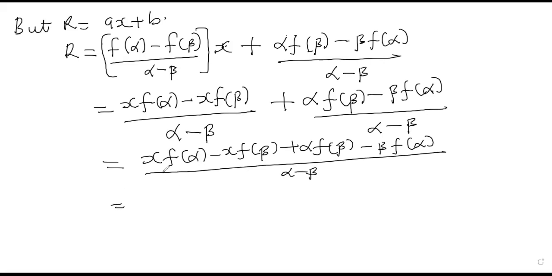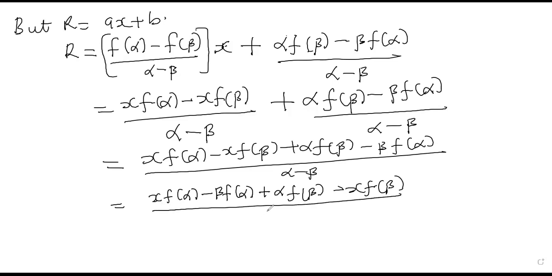The ones with f of alpha, bring them together. So I will say x f of alpha, another one with f of alpha is this, minus beta f of alpha, plus alpha f of beta minus x f of beta. The result, I'm dividing it by alpha minus beta.